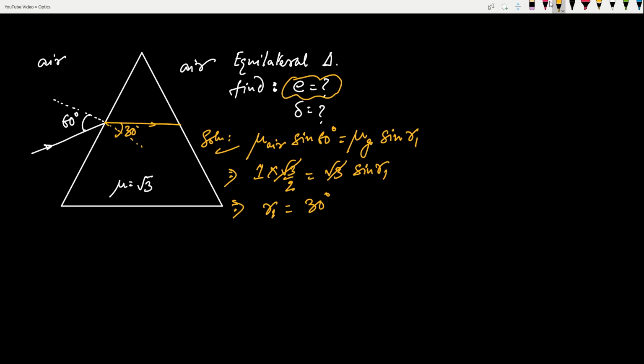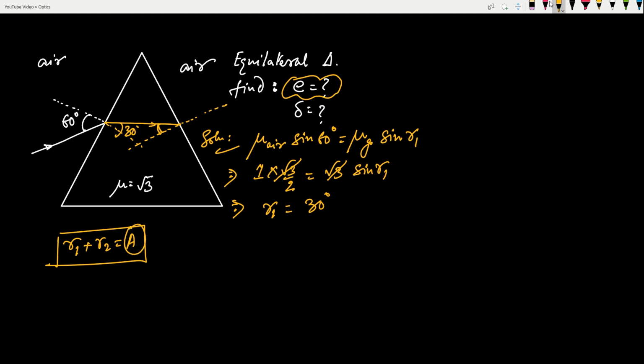So simple as that. Now how to find R2, that is the angle of refraction in the second medium? If this is the normal, what will be this angle? In order to find R2, we have a relationship: R1 plus R2 is equal to A. What is the value of A?